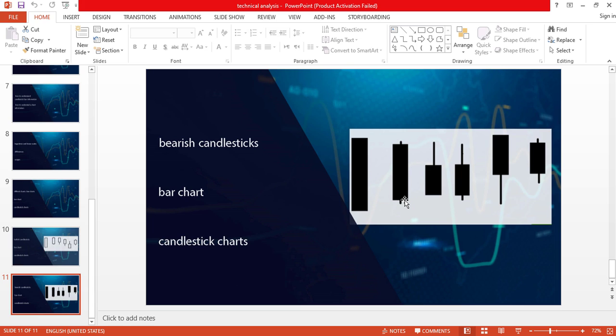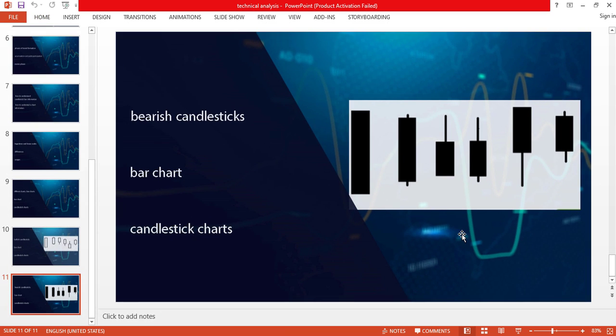The second candle is also a powerful candle, and it has a little uncertainty in the market, which you can find from the shadows. It has a little uncertainty, but it has power.